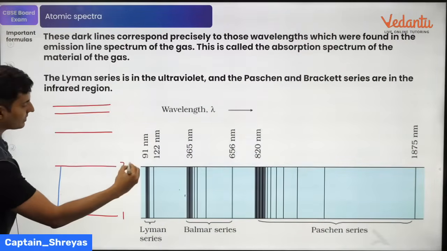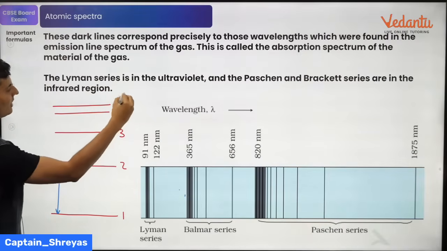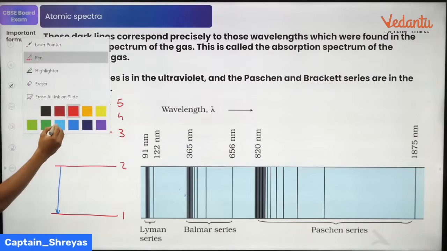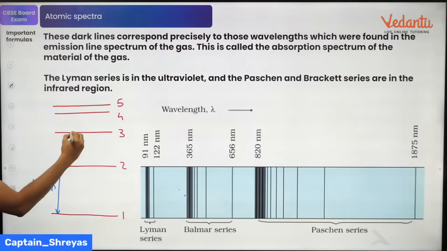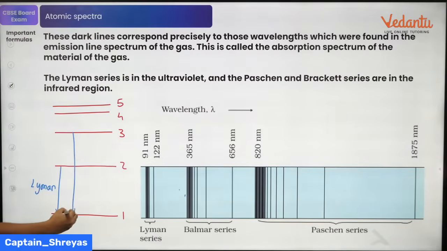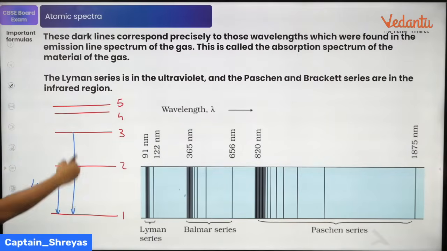This is n equals 1, this is 2, this is 3, this is 4, this is 5, and so on and so forth. These are energy levels. If the transition happens from here to here, this is basically your Lyman series, from 2 to 1.